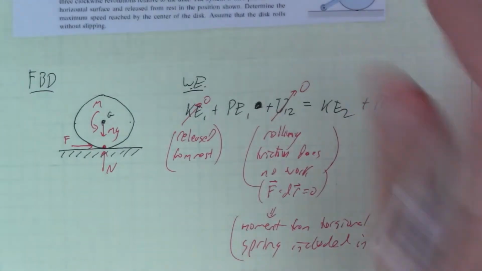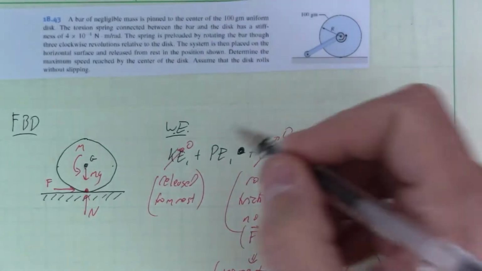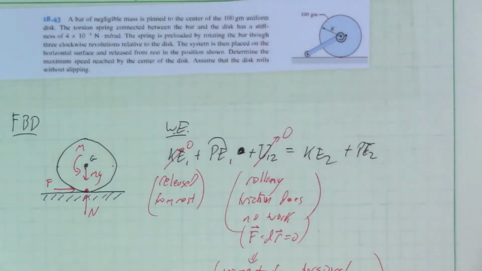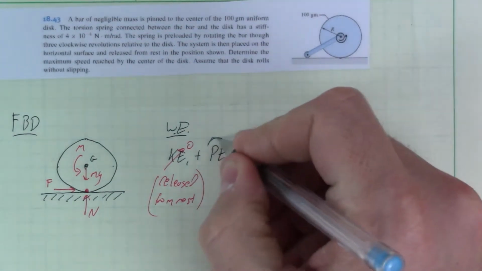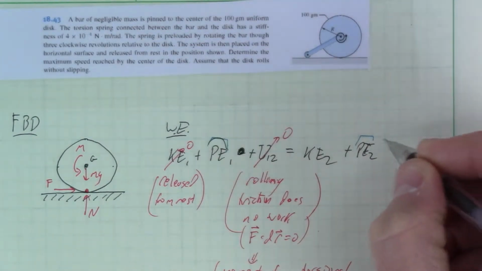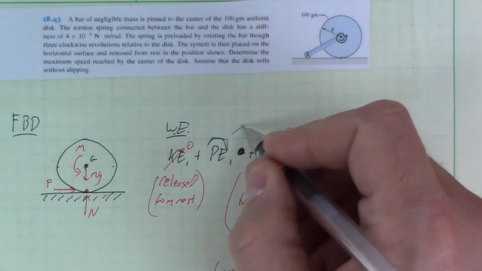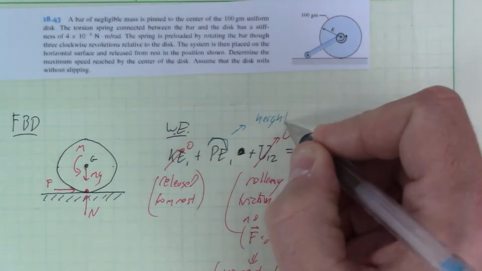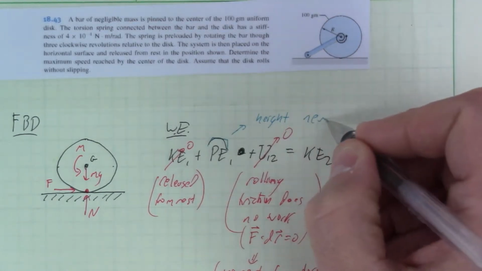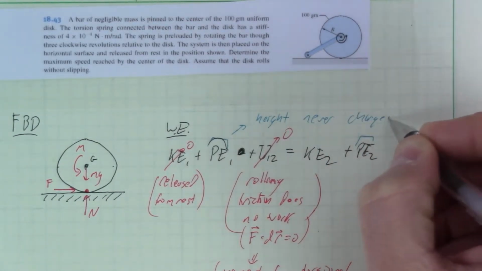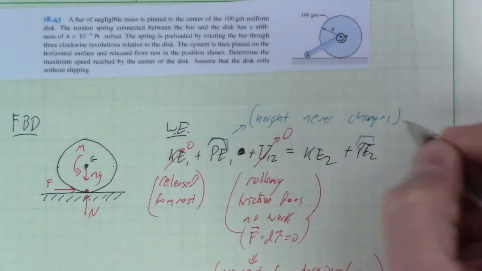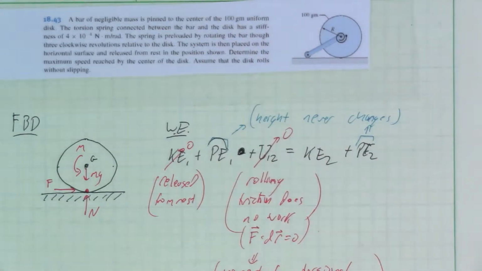Now, one thing about the potential energy: they're not 0, but the gravity isn't going to become important because this just rolls on a horizontal surface. So we don't need to worry about the gravitational potential energy. The height of our center of mass never changes.